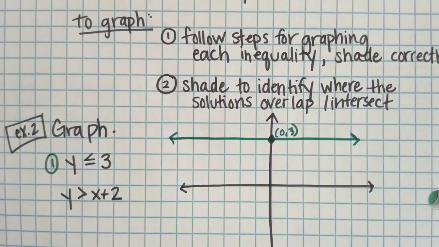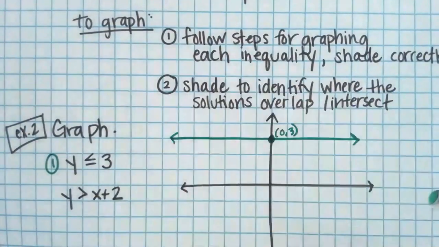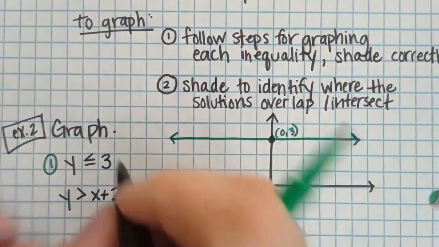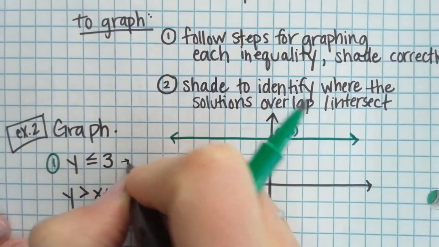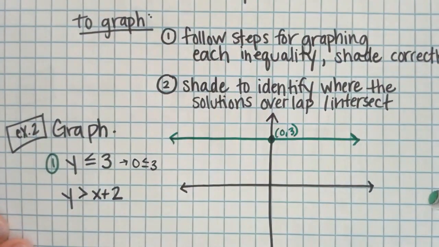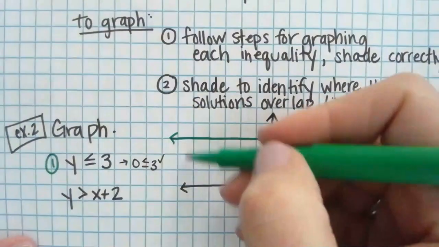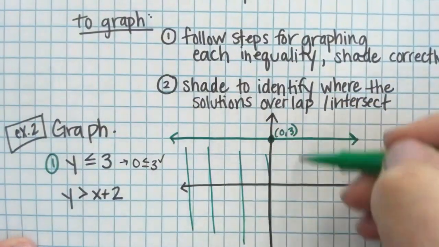And then I'll plug in my origin to see if I need to shade down here or if I need to shade up here. So if I plug in the origin, I get that 0 is less than or equal to 3. Is that true? Yeah. Meaning I'm going to shade down here.